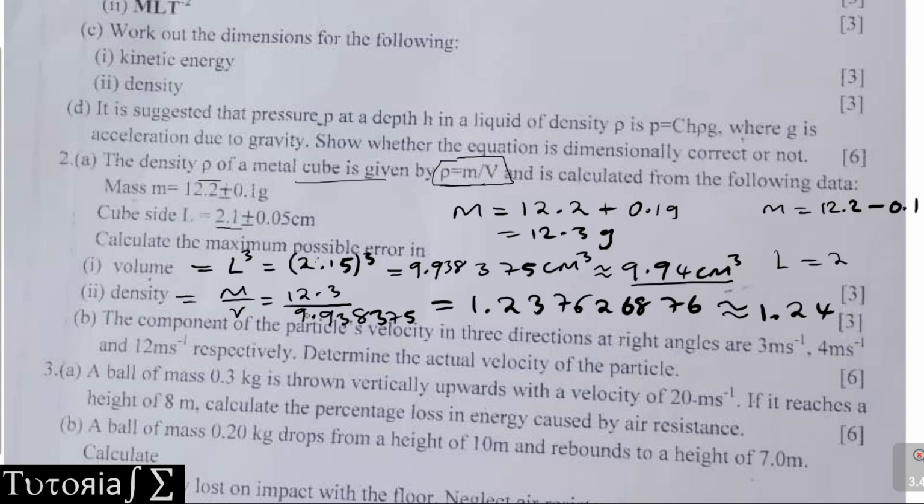Then the units will be grams per centimeter cubed. Okay, so that will be your density.